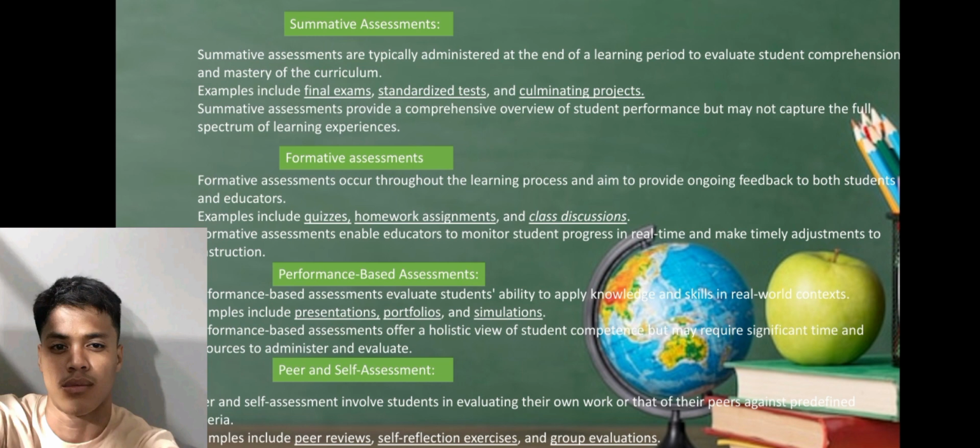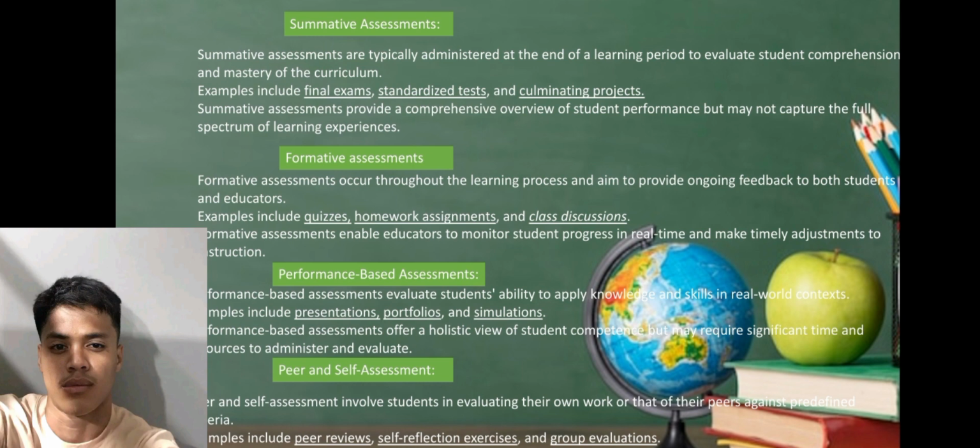And the last is peer and self-assessment. Peer and self-assessment involves students in evaluating their own work or their own performance or that of their peers against predefined criteria. Examples of these, for example, are peer reviews, self-reflection exercises, and group evaluations.